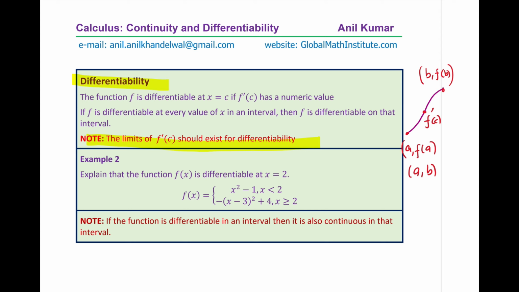So let's find the derivative of the function. Using the power rule, what do we get? We get 1 over 3 times (x minus 1) to the power of 1 over 3 minus 1, which is minus 2 over 3, times the derivative of the inside function, which is 1, right? So let me write down 1 here.